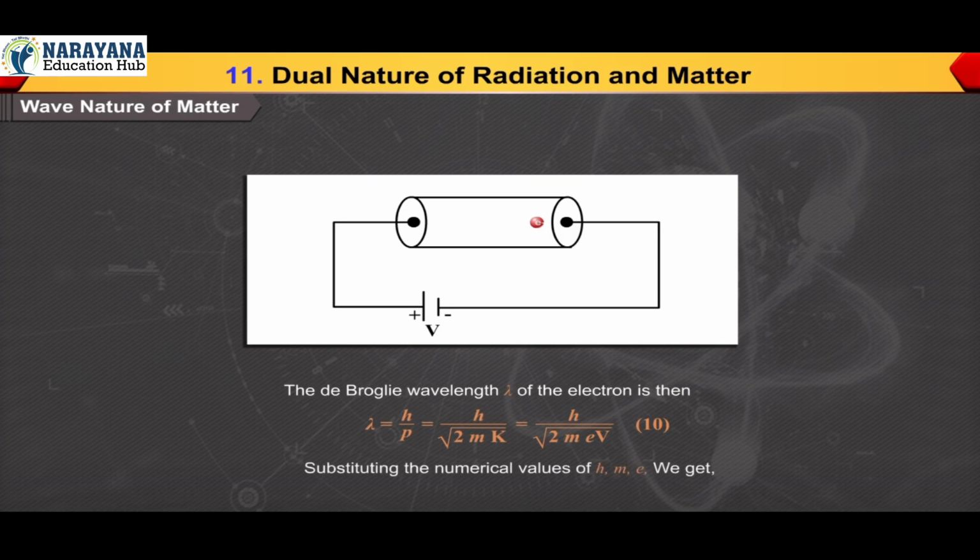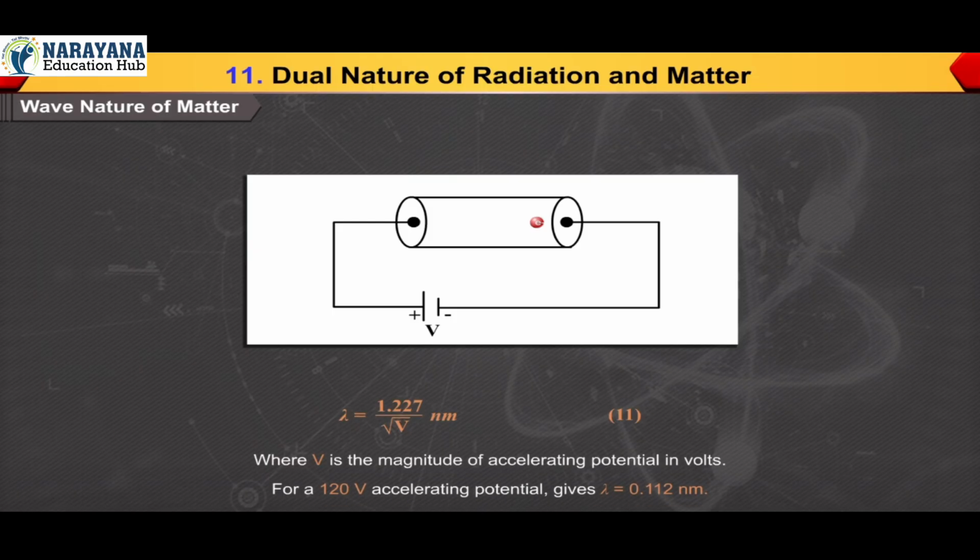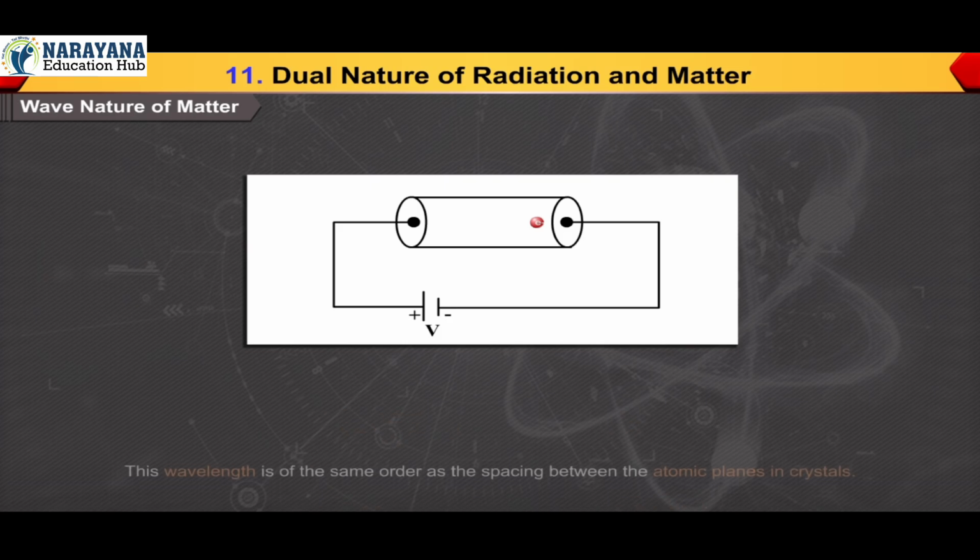Substituting the numerical values of h, m, e, we get lambda = 1.227/√V nanometer, equation 11, where V is the magnitude of accelerating potential in volts. A 120 volt accelerating potential gives lambda = 0.112 nanometer.